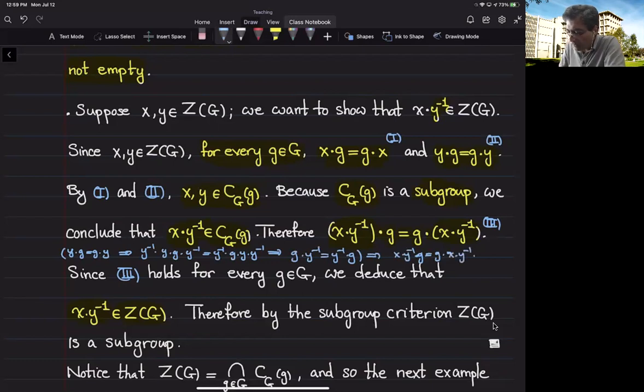But the whole point is that this is true for all G inside the group, and therefore we get the implication. That's an alternative way of arguing.